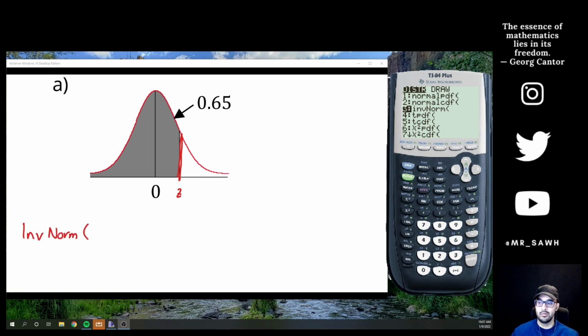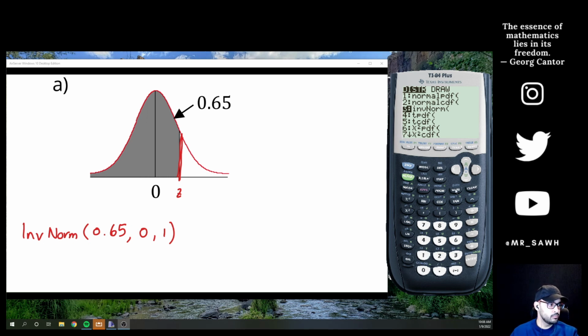The area that's to the left of that boundary, which I have, it's 0.65. The average and the standard deviation. Since I want this as a z-score, average has to be 0 for a standard curve. And again, of a standard curve, the deviation is going to be 1.